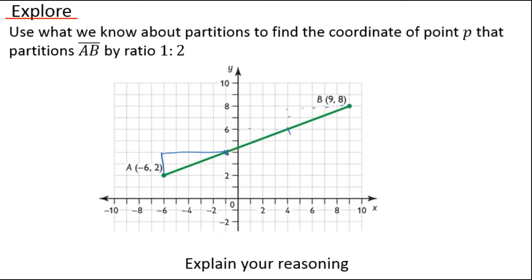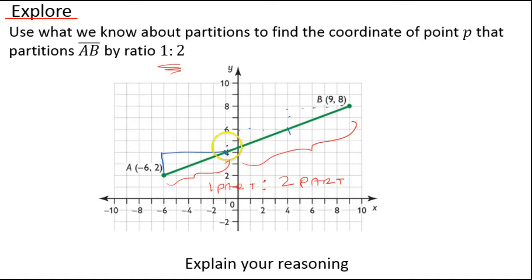So now if we're trying to cut this into a 1 to 2 ratio, we're going to look at the 1 part, or this first part, so that's 1 part, to... well, how many are left over here? 2 parts. So if we cut it in this equal distance, then this actually tells us what the ratio is. It's 1 to 2.